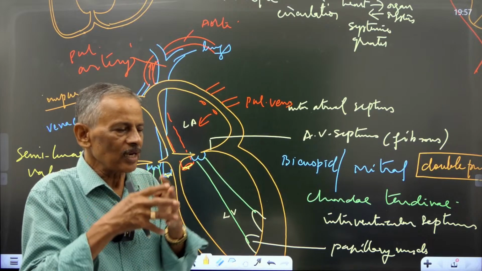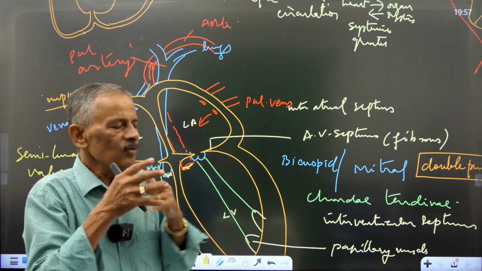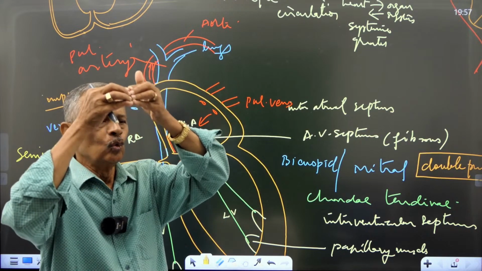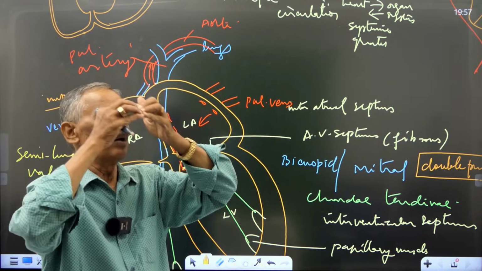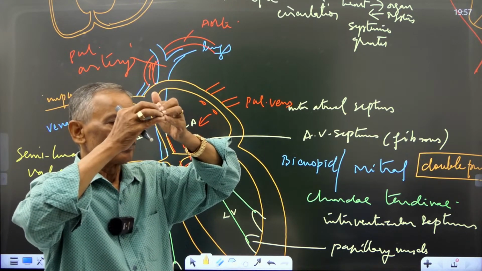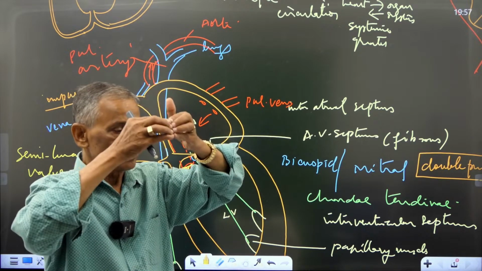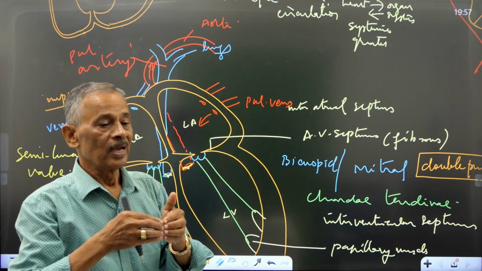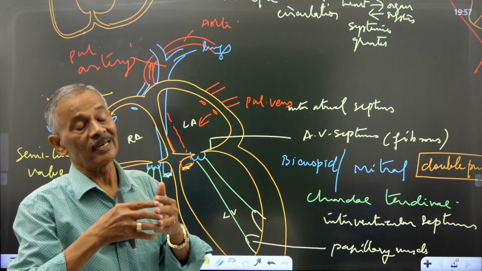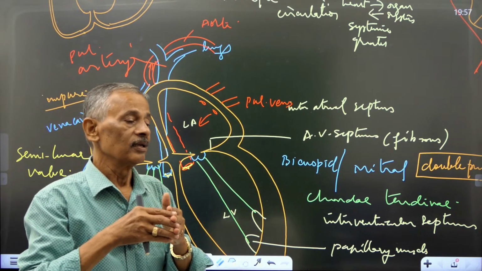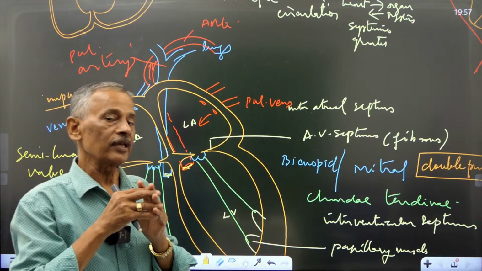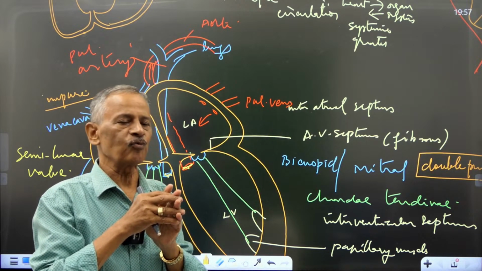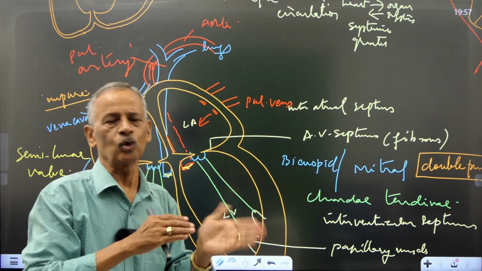Because of the network-like system, all the fibers are interconnected, and at the junction of two muscle fibers, muscle cells, there is a special structure called the intercalated disc. These intercalated discs help in easy sending of impulses from one to another.